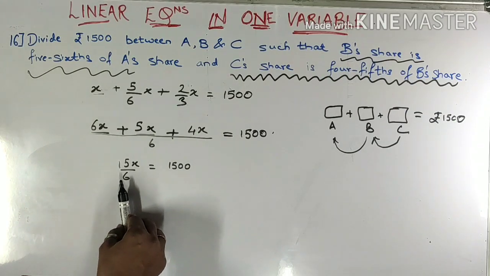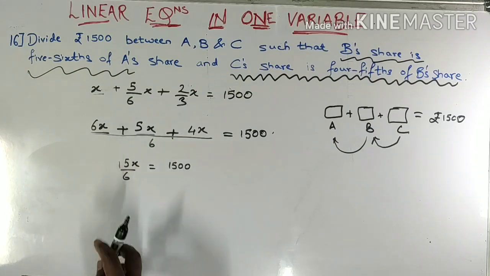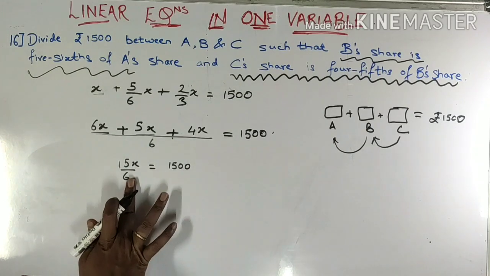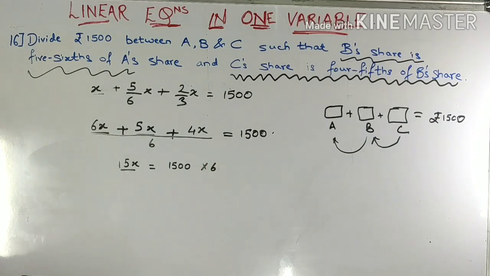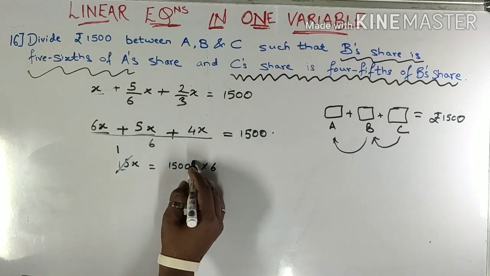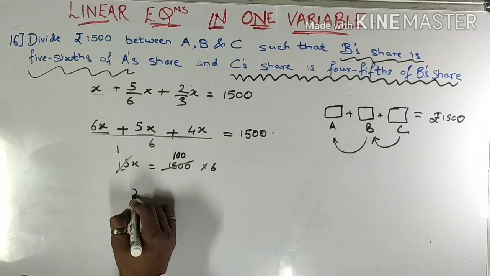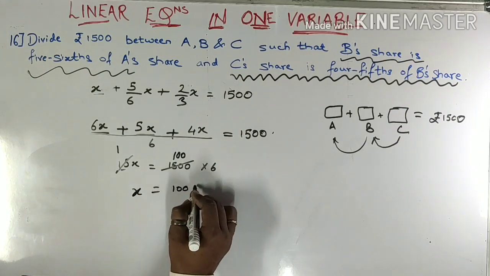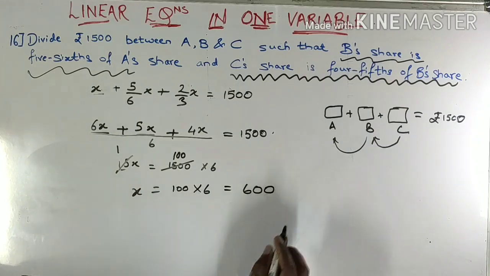Because if I want to get rid of this 6, I'll have to multiply both the sides by 6. So I can directly take this over here, and we all know that 15 ones are 15 and 15 hundreds are 1500. Therefore x is equal to 100 into 6, which is equal to 600.